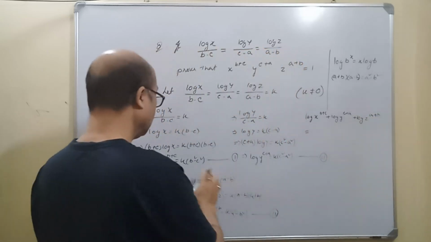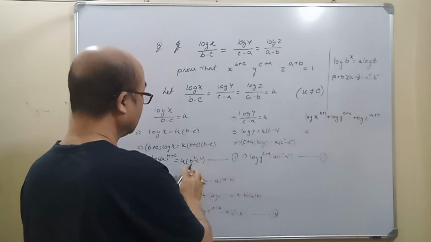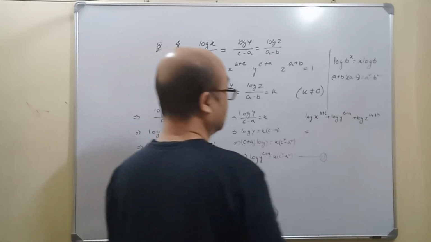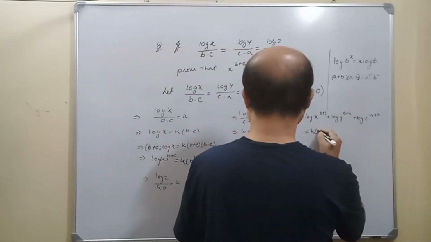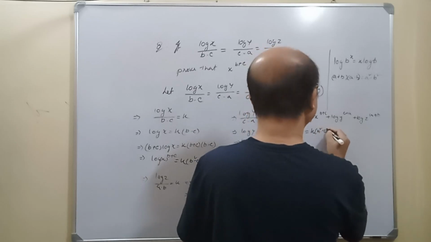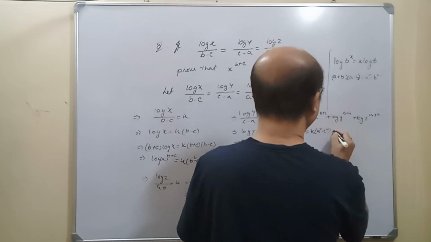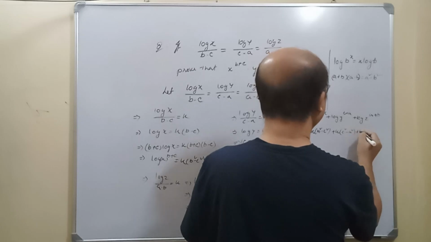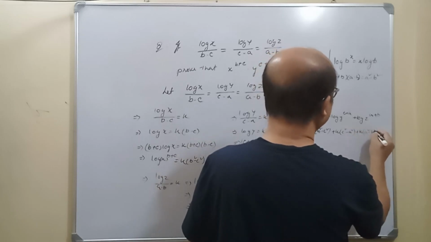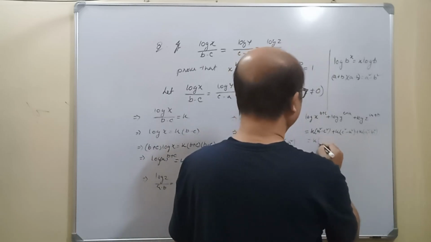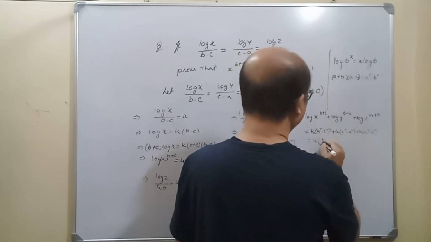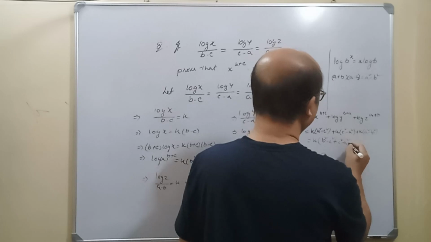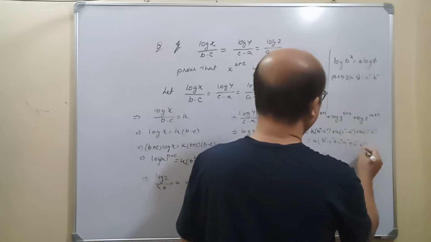This is equal to, we add the right hand side also: k into b square minus c square plus k into c square minus a square plus k into a square minus b square, which is equal to, taking k common, b square minus c square plus c square minus a square plus a square minus b square.